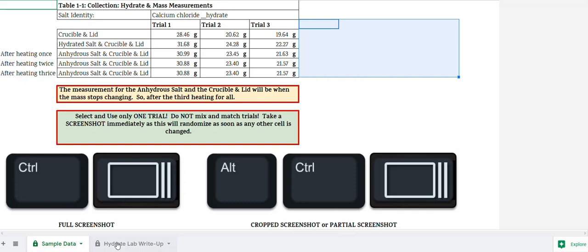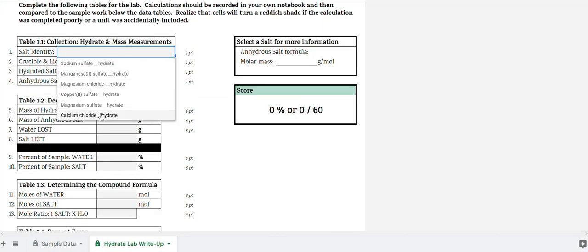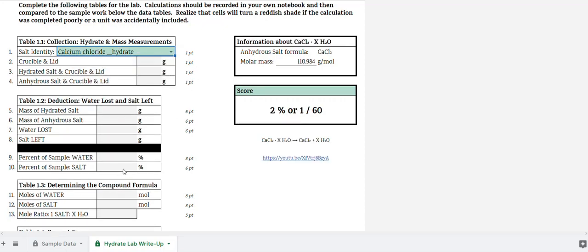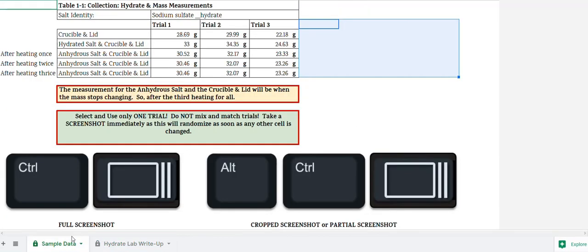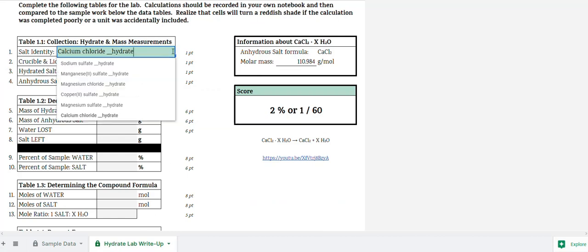That might stay the same, but let's go to the other page. If I click calcium chloride, it turns green. That's good. We head back, and now it says sodium sulfate, and all of the data has now changed. So you need to make sure you have some data that's locked in place. Let me go back to my original screenshot and take a look.